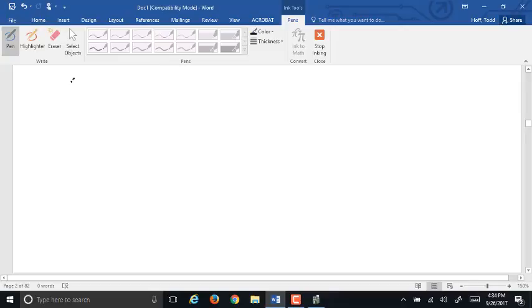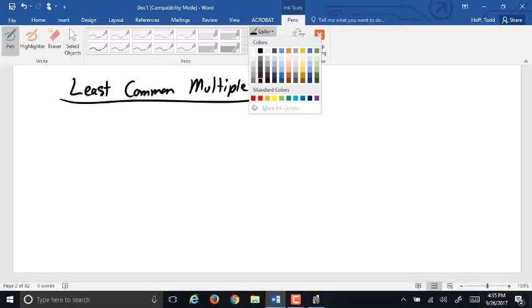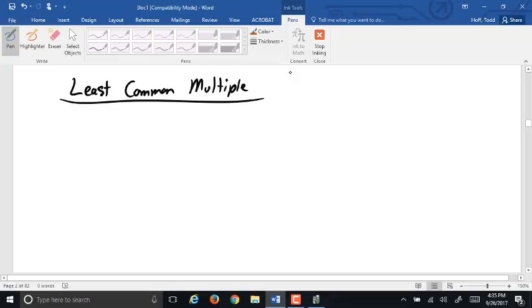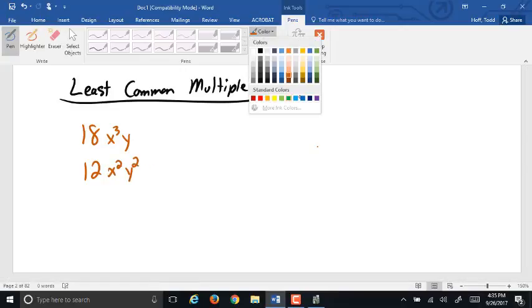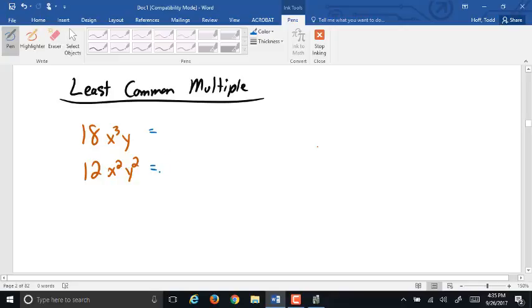We also used factoring to find something called a least common multiple. A least common multiple is a little bit more complex. So if I have 18 x to the third y and 12 x squared y squared, if I factor each of those, 18 is 2 times 3 times 3.